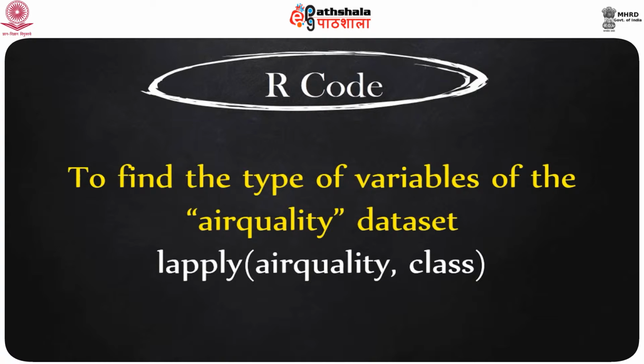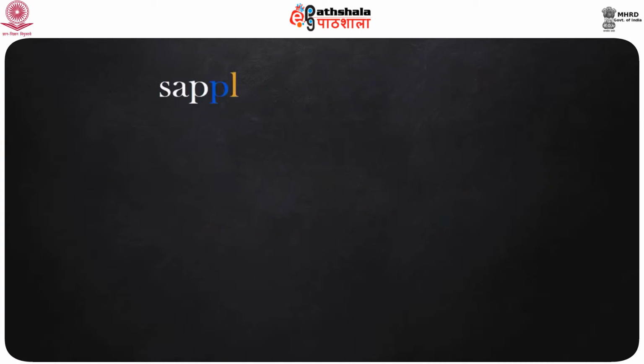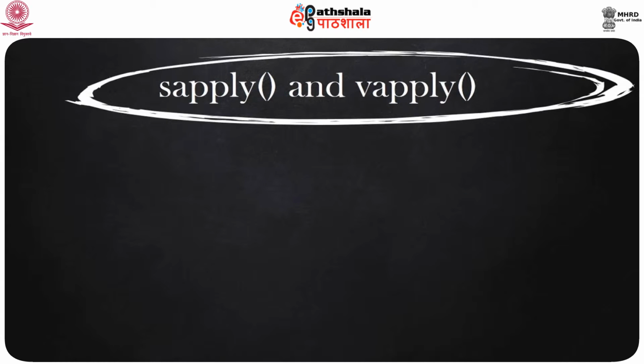Here we are applying the class function on the air quality data set, and as we know from the functionality of the lapply function, the class function is being applied to each of the columns of the air quality data frame, and then the output is obtained in the form of a list, though we can always unlist that. Now let us talk about the other two lapply family of functions, that are the sapply and vapply functions.